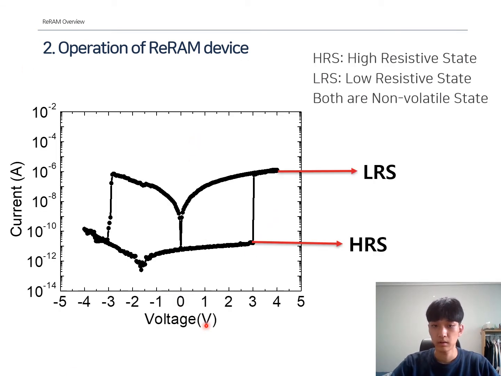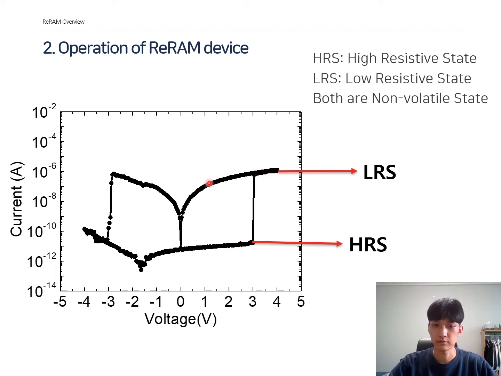This is a typical IV curve of a ReRAM device. So this is the high resistive state, which has much lower current than the low resistive state. After a set voltage, the current rises, and the whole device becomes the low resistive state.